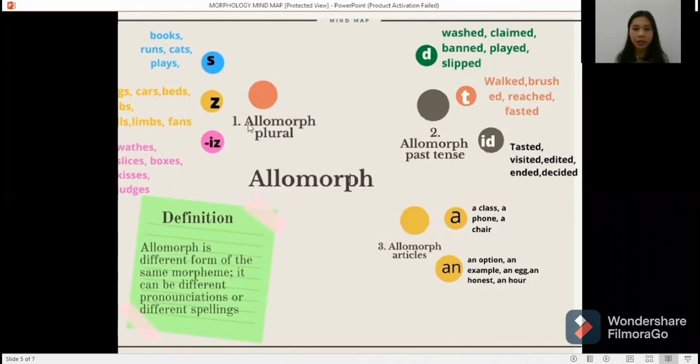The first one is the allomorph of the plural. It has three sounds. Can you hear my voice?